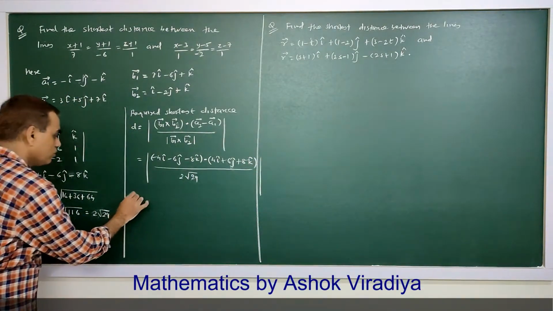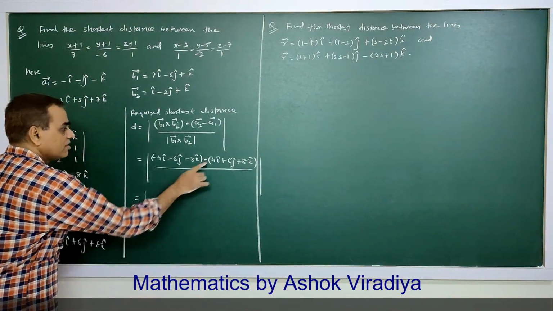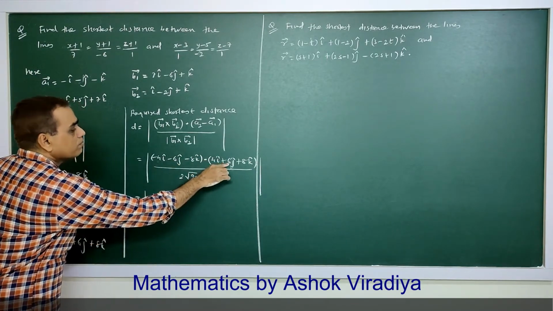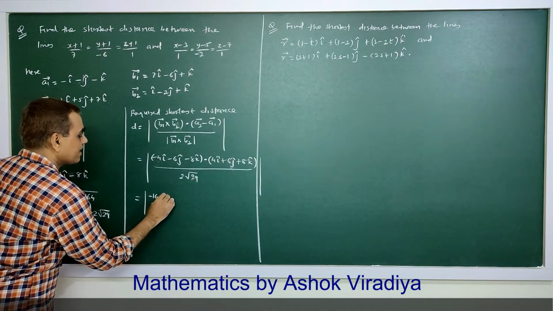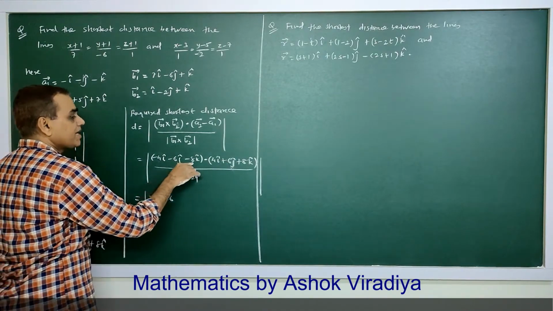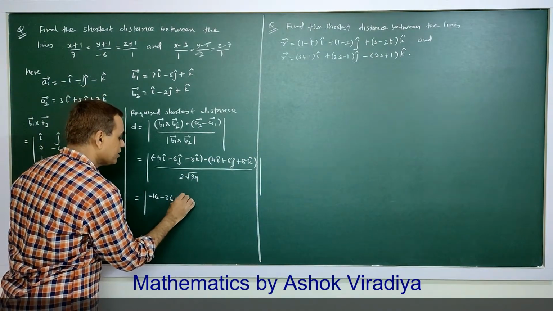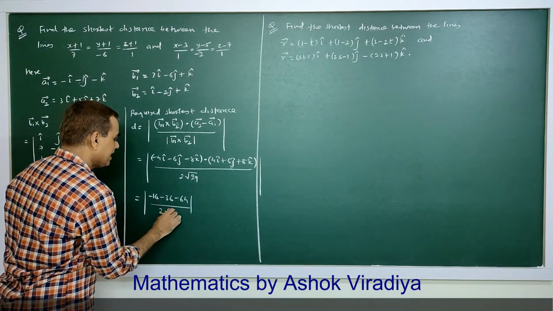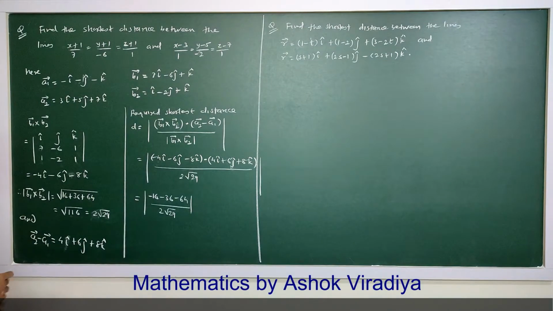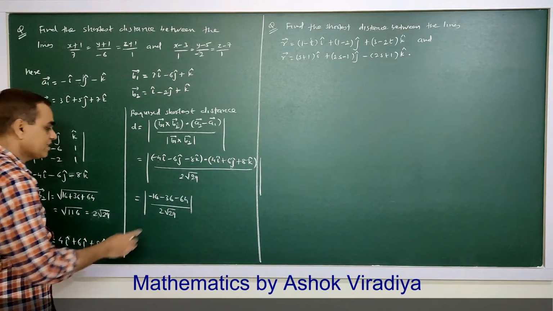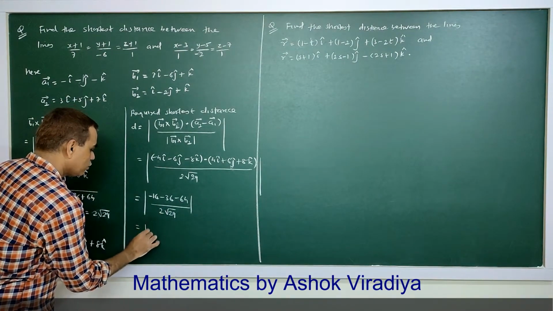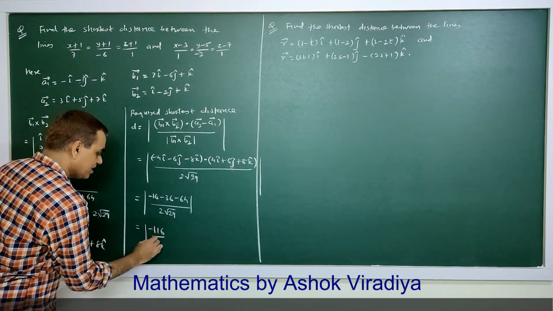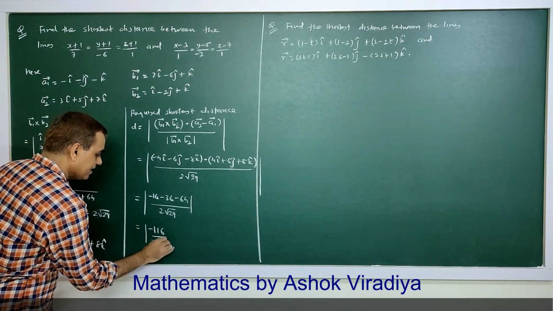So that is equal to modulus of minus 16 in the dot product, minus 6 into plus 6 is minus 36, minus 8 into plus 8 is minus 64, upon 2 root 29. That is minus 116 upon 2 root 29.